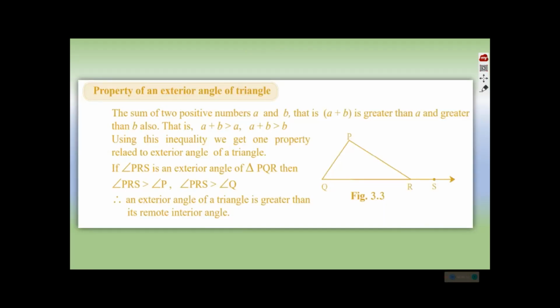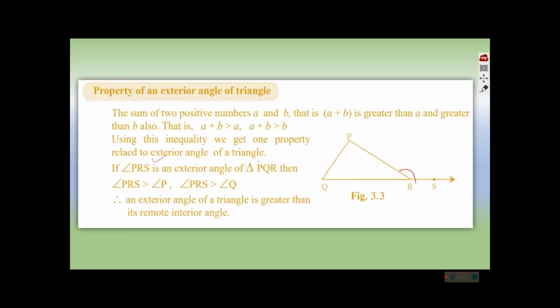So there is a property with exterior angle. An exterior angle is an angle outside the triangle, and that exterior angle has a property which was explained in the previous part.